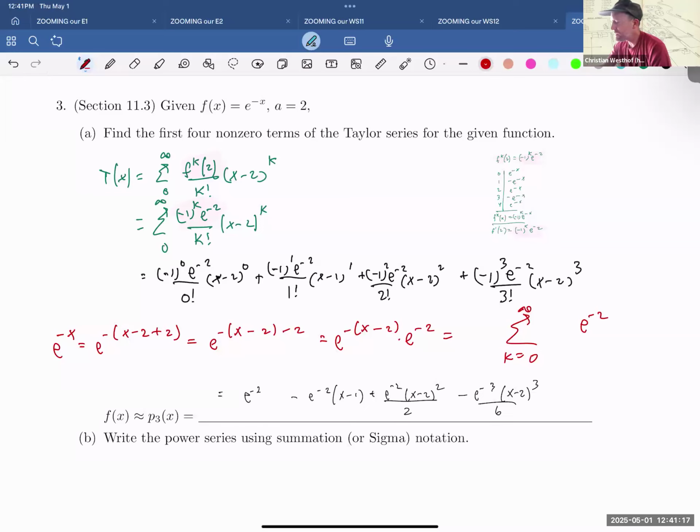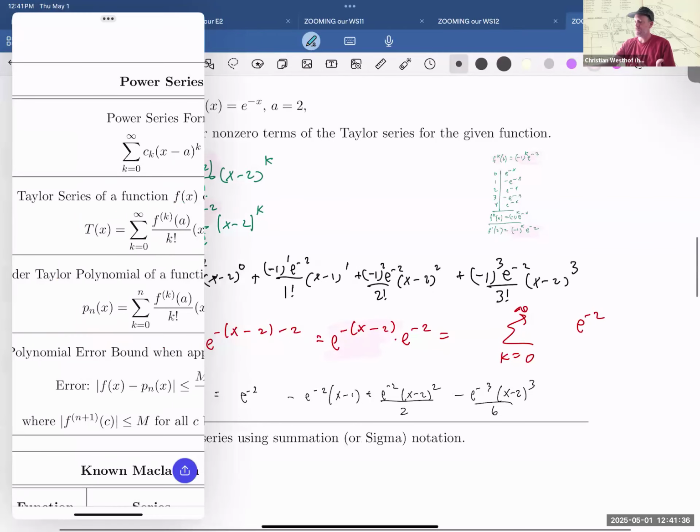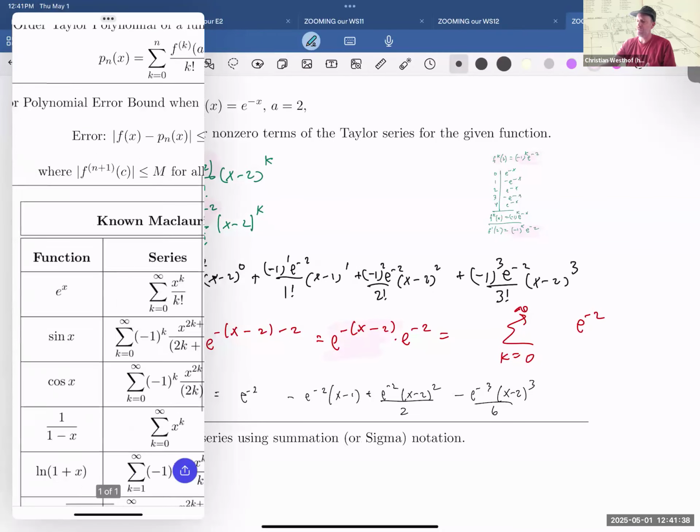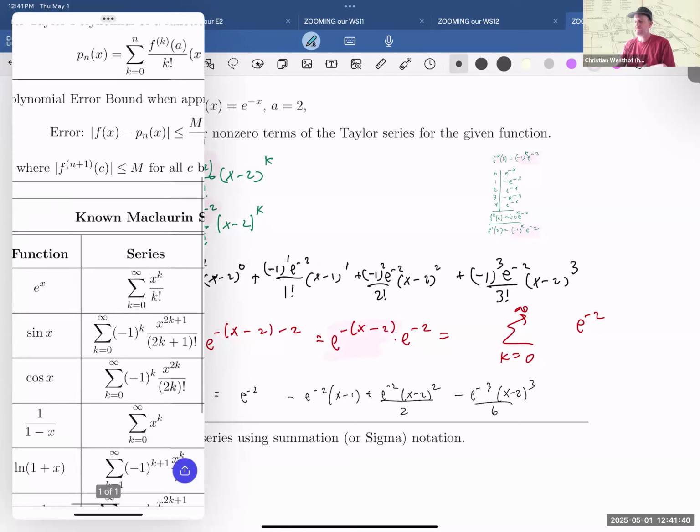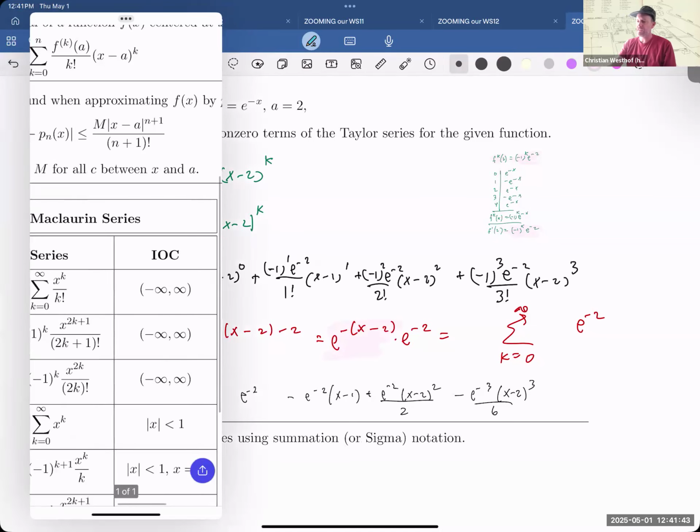Okay, so this situation right there, e to the negative of x minus 2, fits the known form. We adjusted for the center, it has an x minus 2 in it, and that e to something fits the known form for Maclaurin series. Where did it go? Here, e to the x. That's going to be x to the k over k factorial for all x.